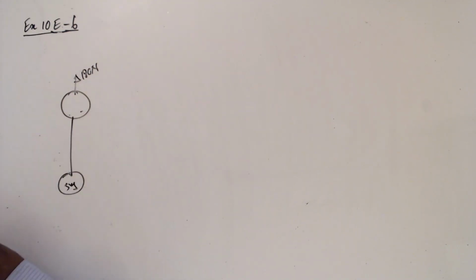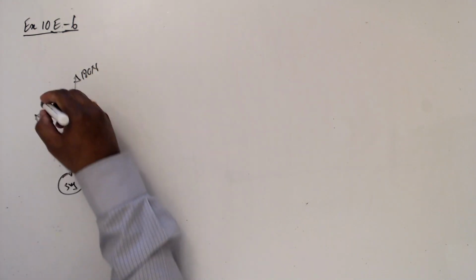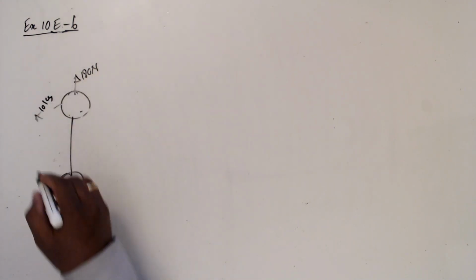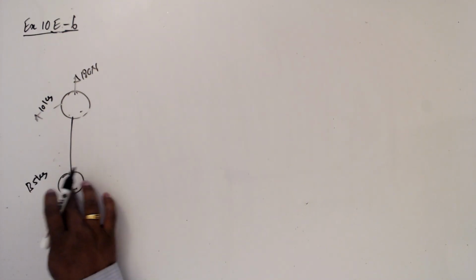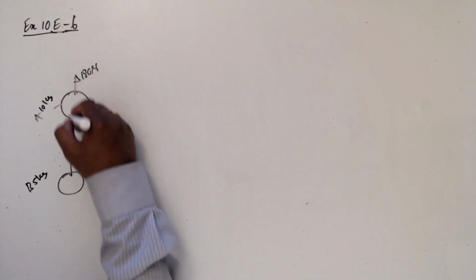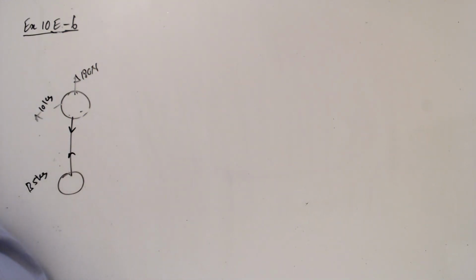So this is A, 10 kg. Particle B is 5 kg, and it has tension, and on top of that it has weight.